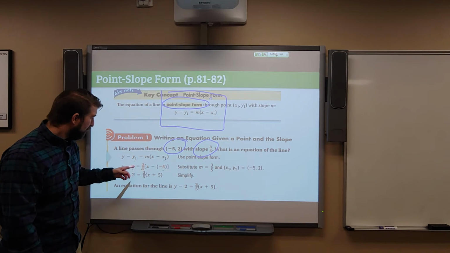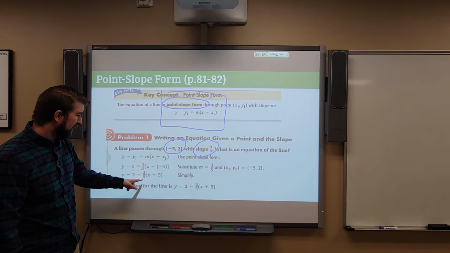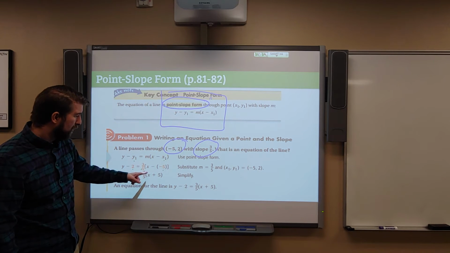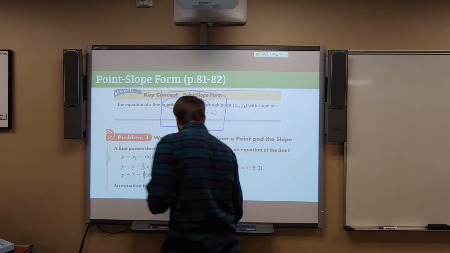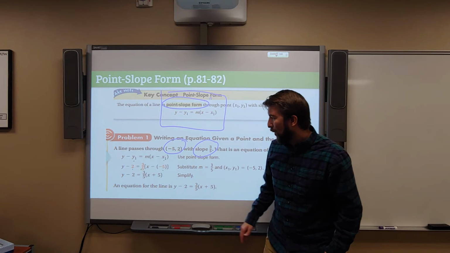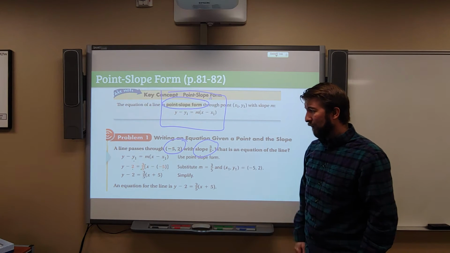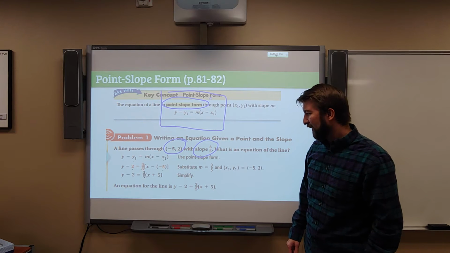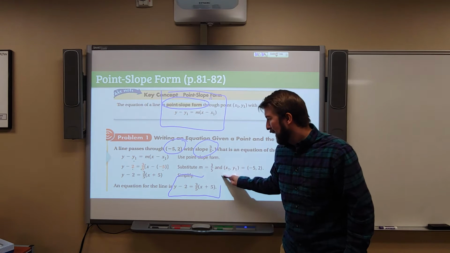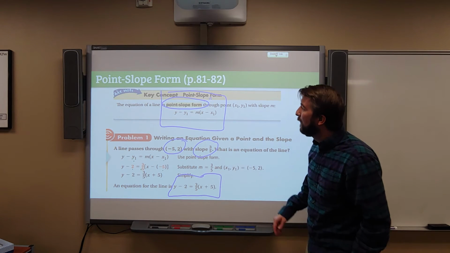So 3/5 connects with that x. Then the -5 next to the minus sign becomes positive. And so we would simplify it like this, and it actually doesn't want us to put it in slope-intercept form. It just wants us to simplify to this place. And so this would actually be sufficient for this example.